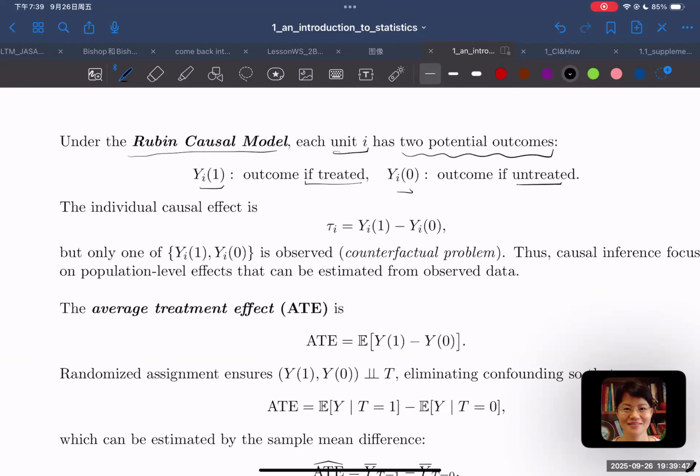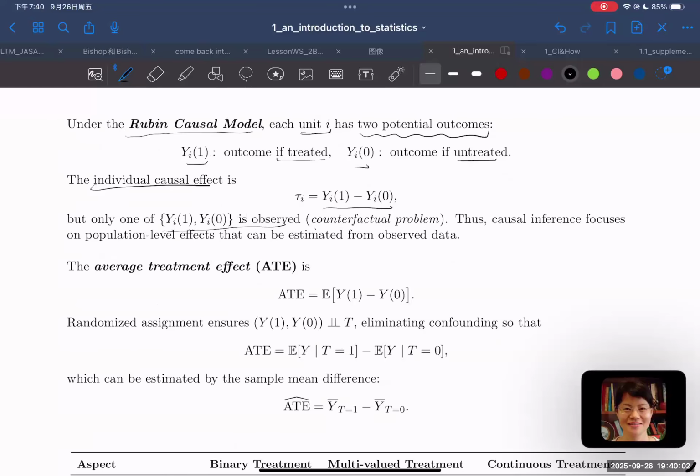So the individual causal effect would be their difference, which we denote by tau. Usually only one of them is observed. We call it a counterfactual problem.